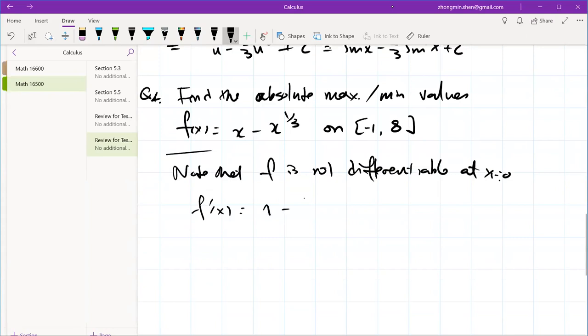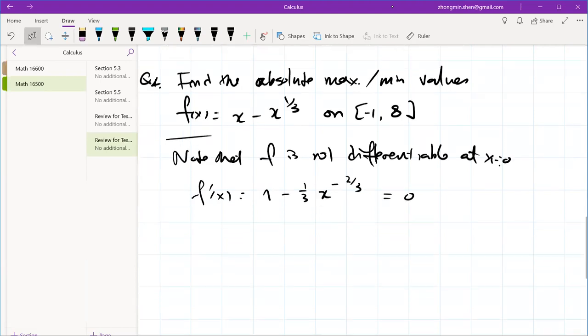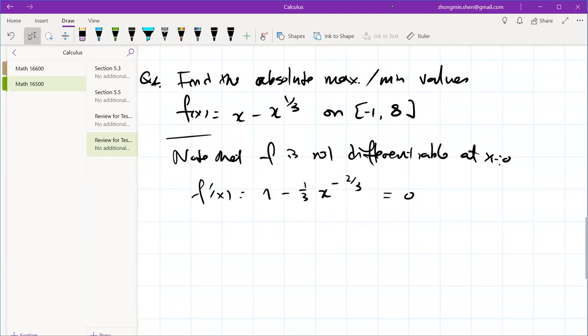The derivative is 1 minus 1/3 x to the 2/3. I'm going to set this to be 0. Okay, how can I solve it? You multiply both sides, so x to the 2/3 minus 1/3 is going to be 0.